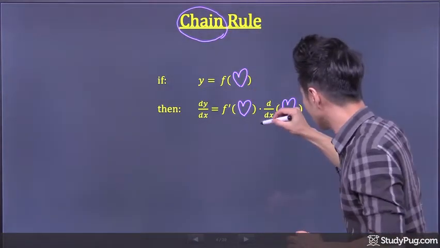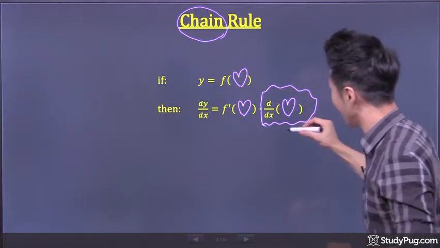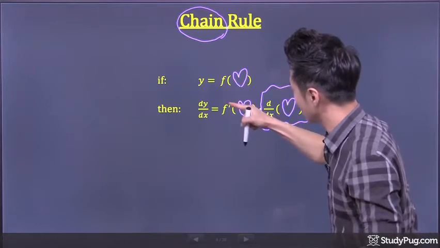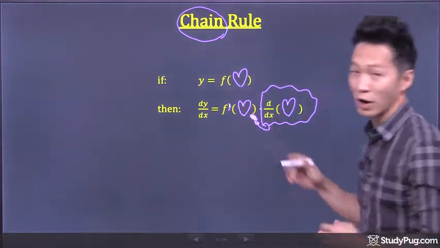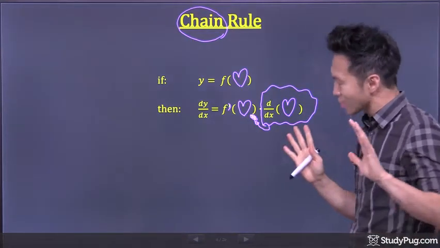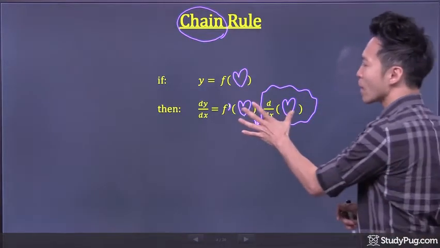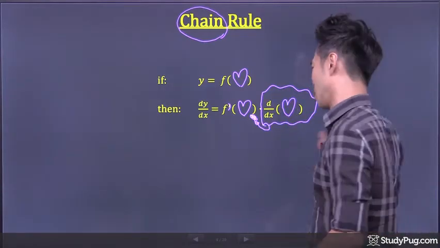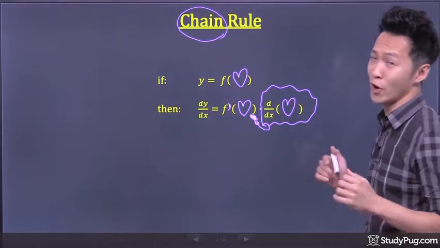Because there's always this little part at the end being chained. Imagine there's a chain attached to the derivative of the function. That's why we call it the chain rule. I understand this expression might look kind of weird to you at this point, but trust me, in a moment, you will grow to love it very much.